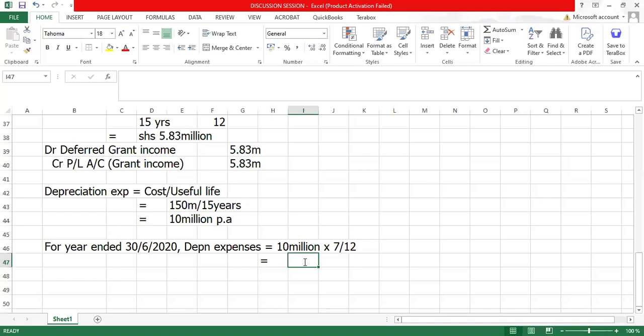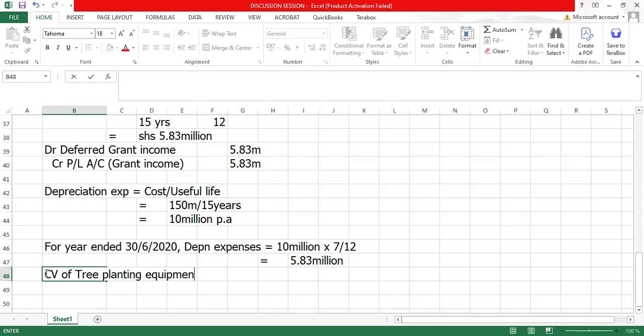So you get the same figure, 5.83 million. Okay. That is for the full year, or rather for the 7 months. Then add to that date still the carrying value of tree planting equipment, which will be equal to the cost minus accumulated depreciation.